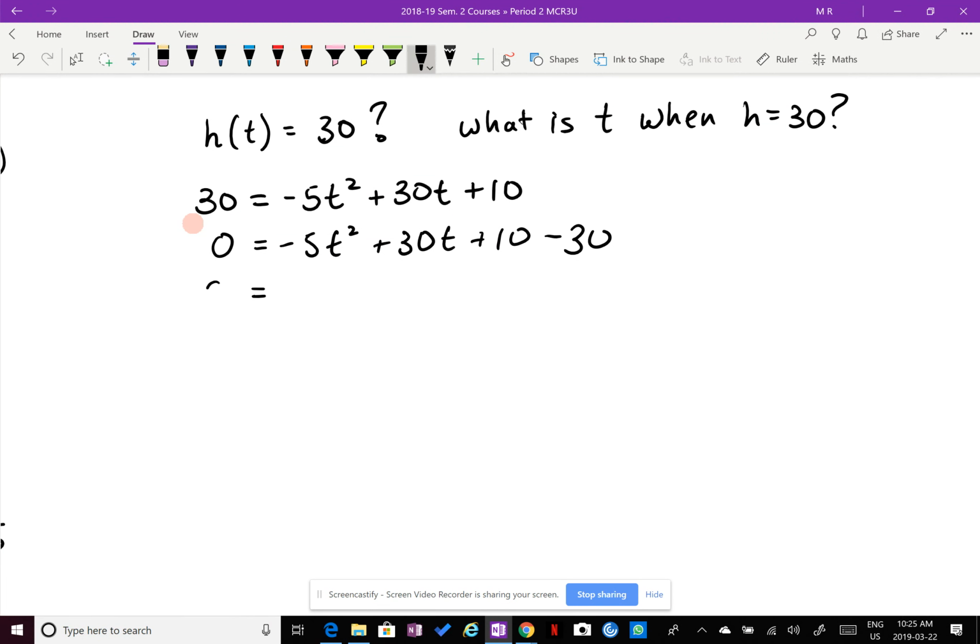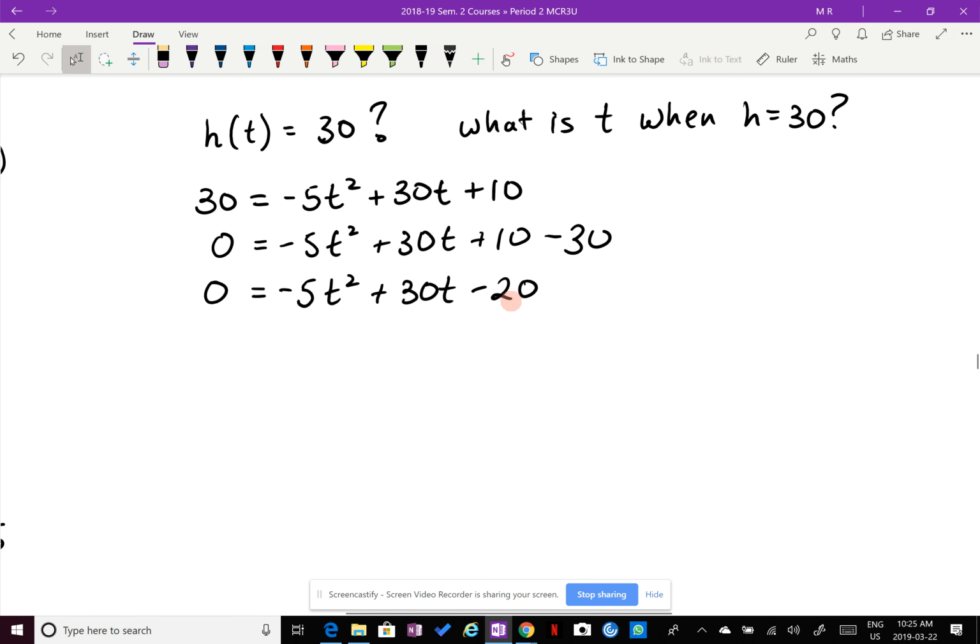And if you simplify that, you get 0 equals negative 5t squared plus 30t minus 20. So this is the equation that I have to solve. It's equal to 0. The only difference is this last term isn't 10 anymore, it's just minus 20.